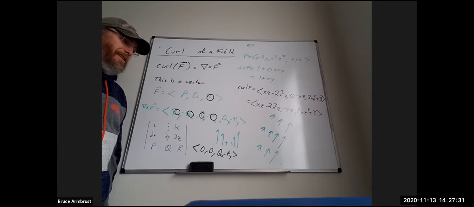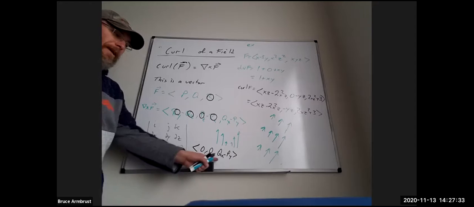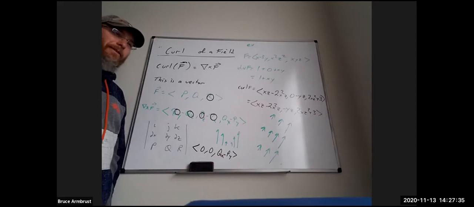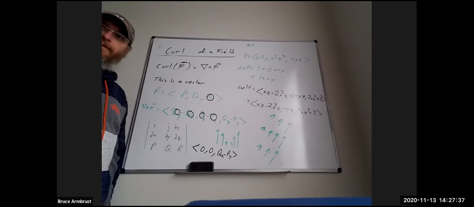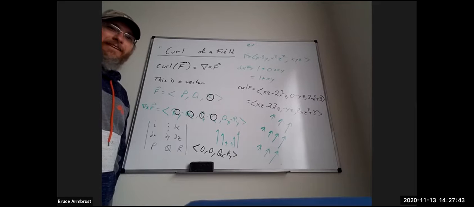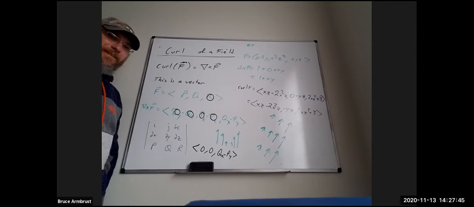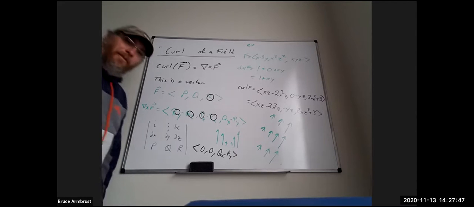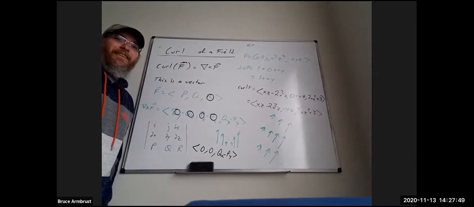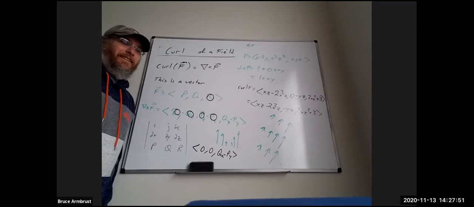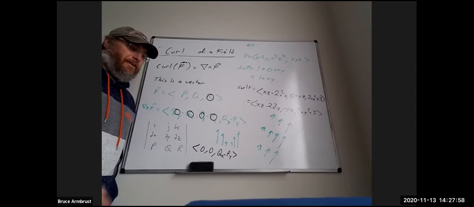Huh. Q_x minus P_y, where have we seen that before? You recognize that? Yeah, that was in Green's theorem. Oh man. Okay, so everything's really getting combined here. It seems like Green's theorem has something to do with curl.